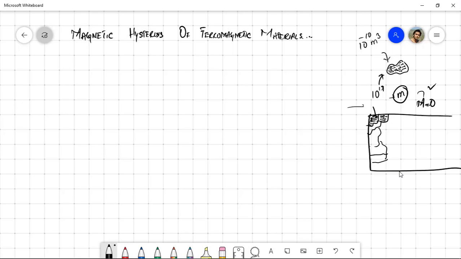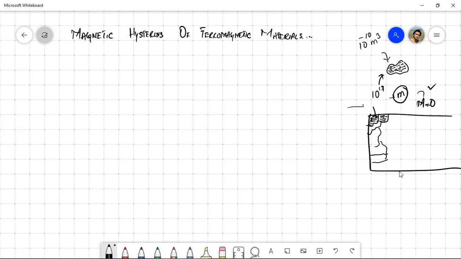To get an idea of the magnetization behavior of a ferromagnetic material, all we need is equipment which measures the value of H, the magnetic field intensity that we apply externally, and the value of B, the magnetic flux density present inside the material itself.